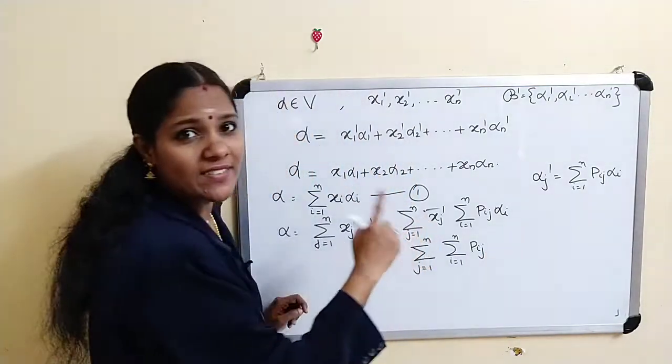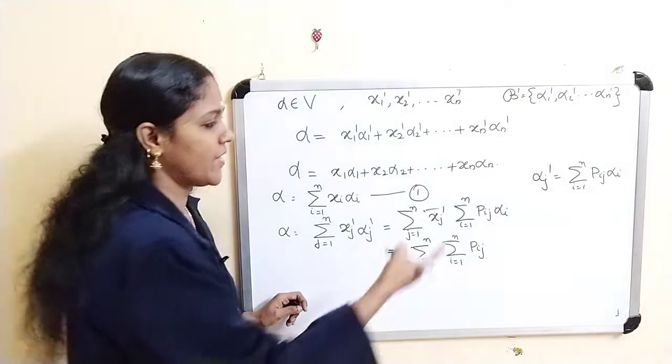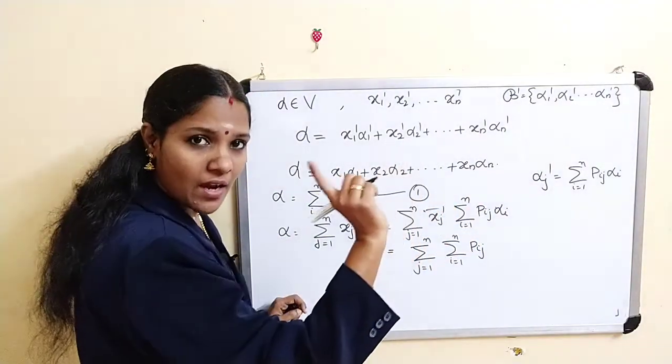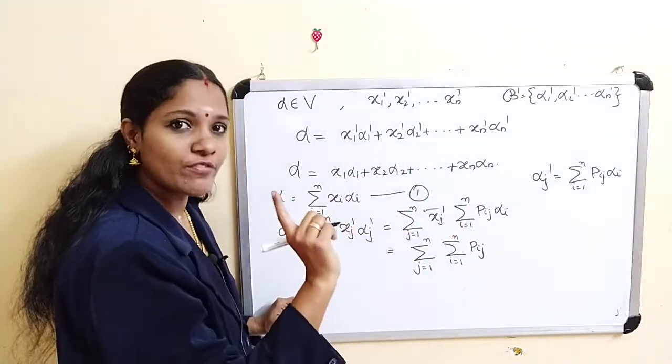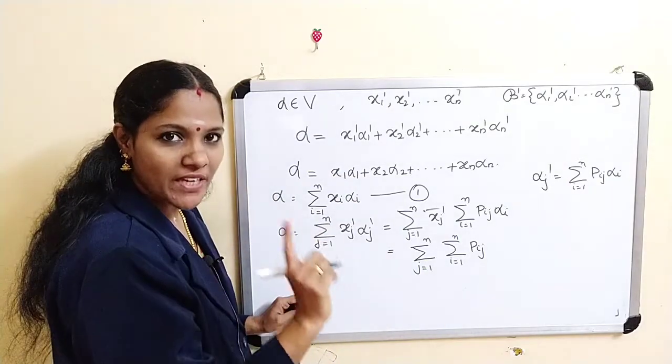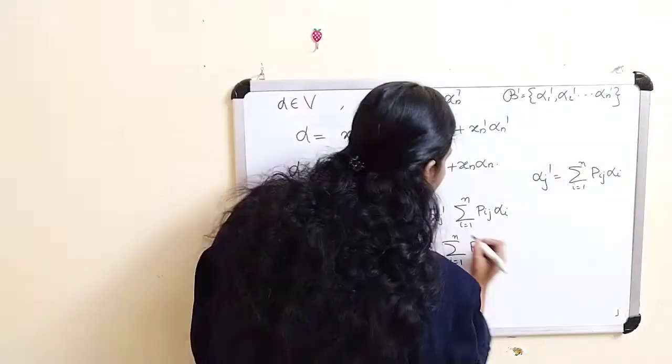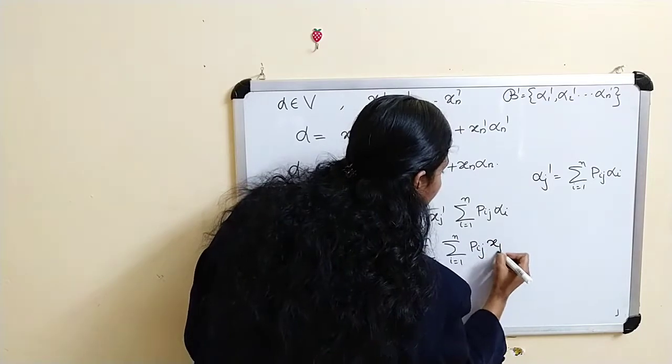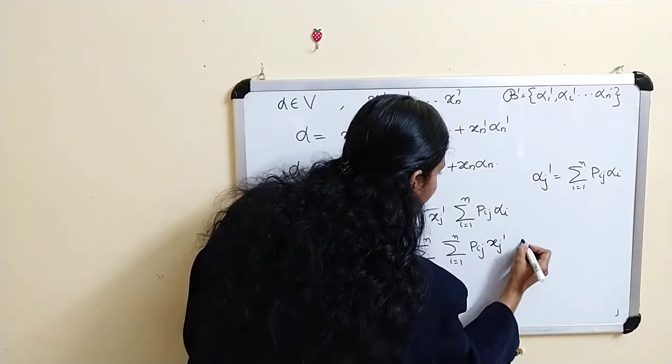What about the xj's? The xj's are elements in F, and the pij's are elements of F. F is a field, therefore multiplication is commutative. Therefore you can write this as pij xj dash alpha i.